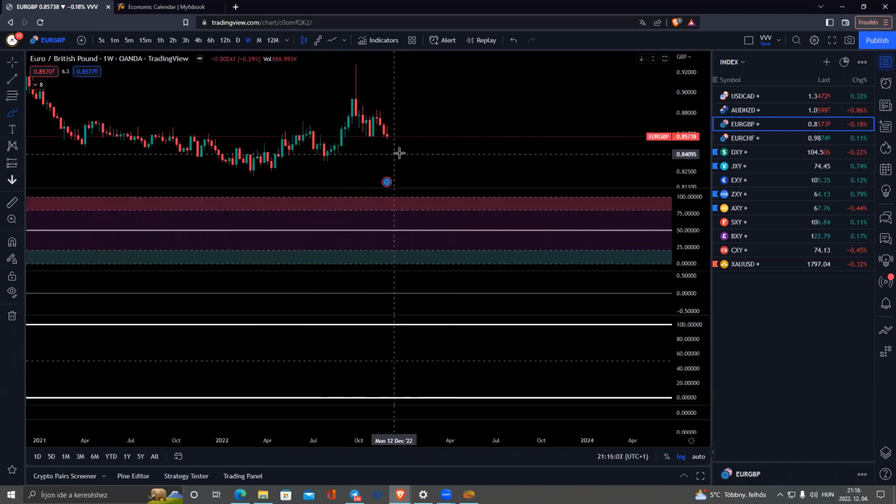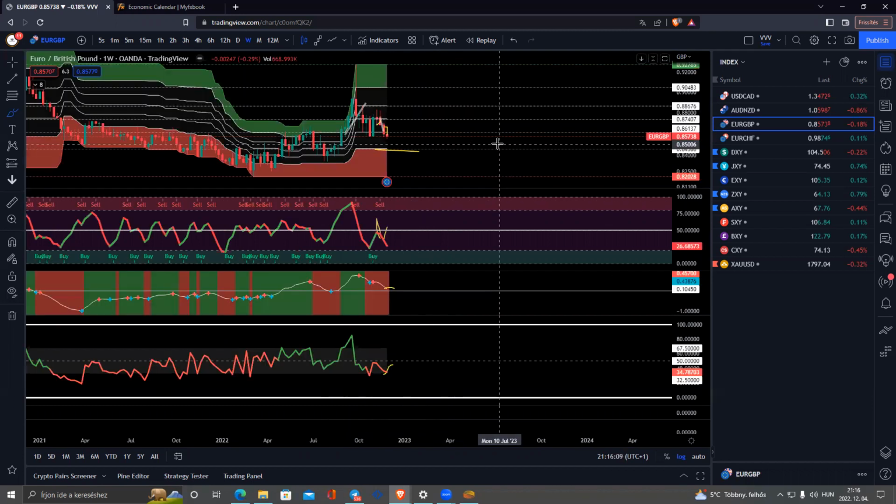The weekly basis is happening. It's my PC. You see also the bearish momentum, the sell signal, also the RSI in red.